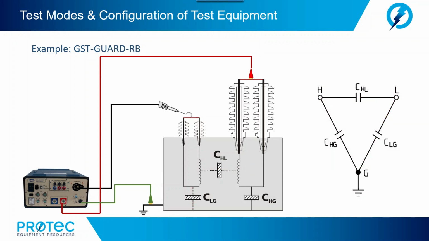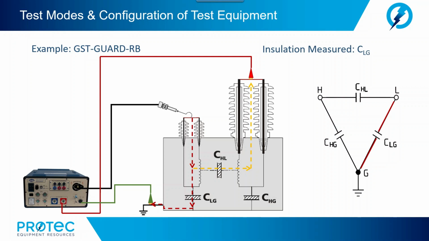All right, in our GST, we're going to guard the red channel. So here, we are applied to the low side bushings. We're going to measure the current going from low to ground, and we are going to guard everything that is coming up the high bushings feeding back on the red channel.